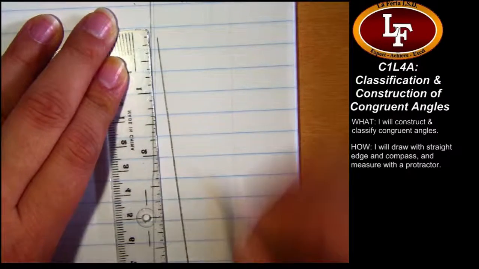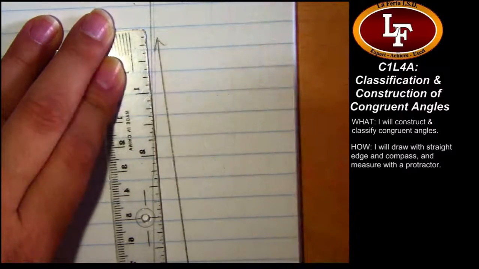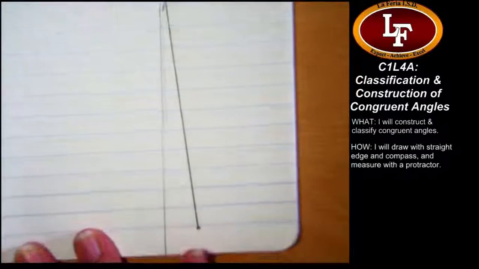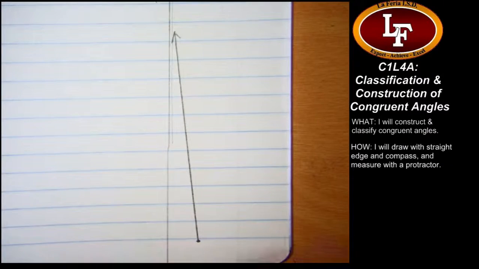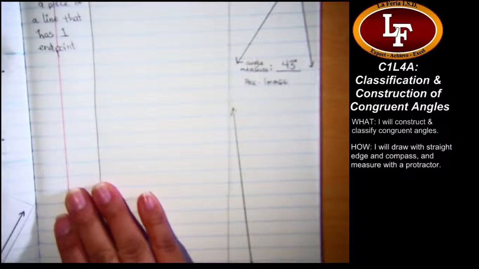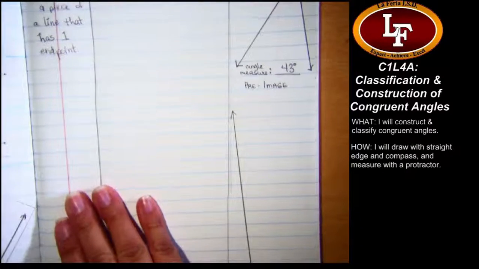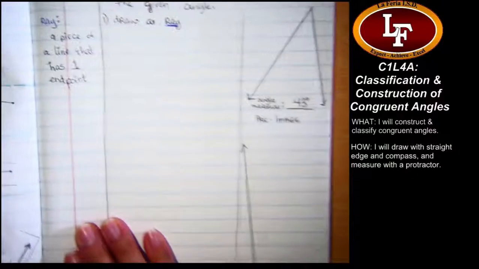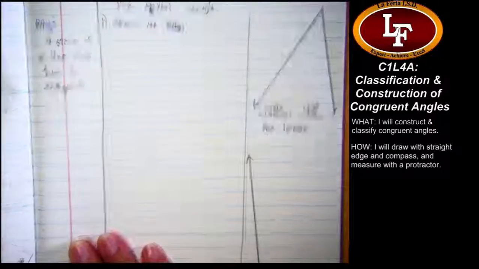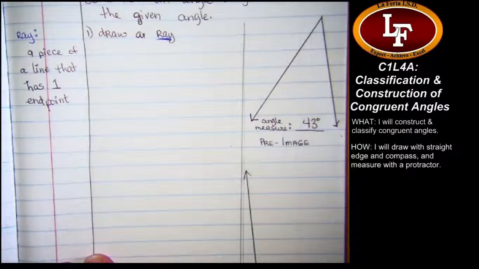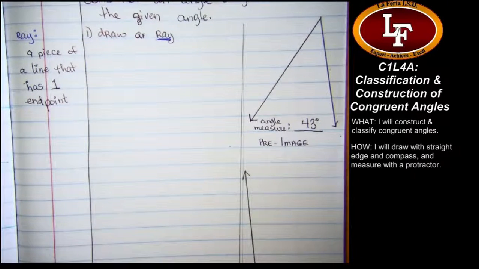I'm going to put that down here. And there's my ray, nice and long. It doesn't say how long it needs to be, so I'm just making sure that it's a little longer than what I started with. Large enough, easy enough to say?